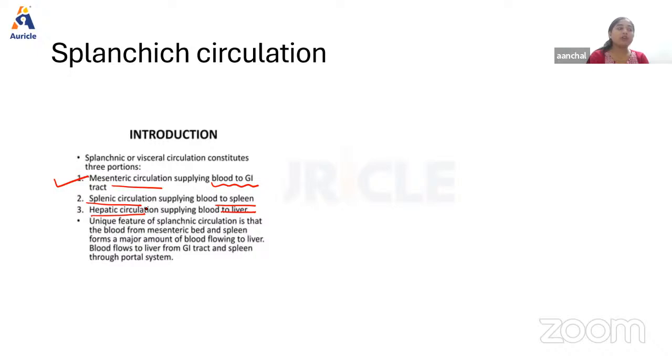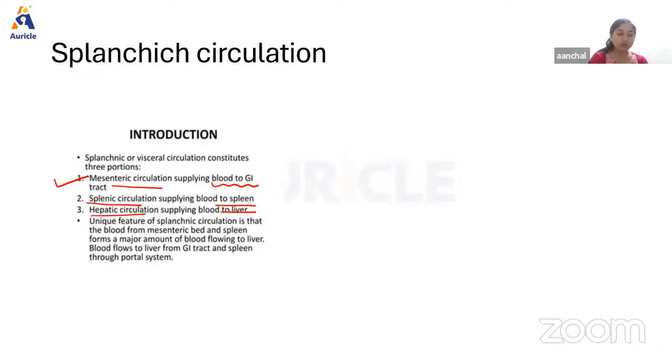The unique feature of this circulation is that blood from the mesenteric bed and spleen forms a major amount of blood flowing to the liver through the portal system, right?